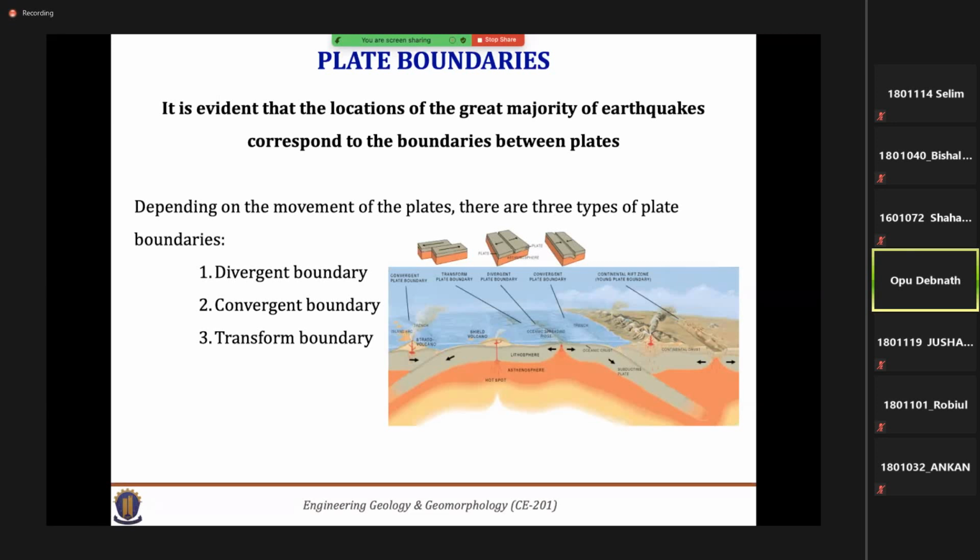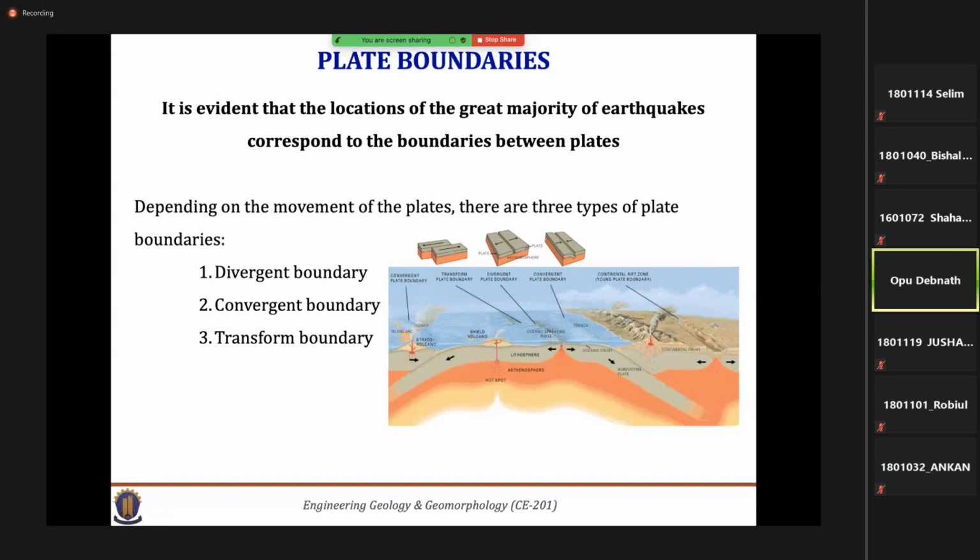That means the earthquake is created or propagated from the plate boundaries. Depending on the movement of the plates, there are three types of plate boundary. The relative movements in the borderline of two plates occur due to tectonic forces, as we showed earlier, say the internal force of the Earth.